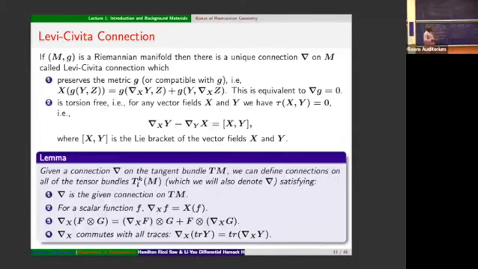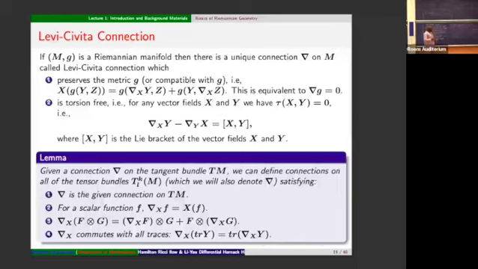Yes, if you have a Riemannian manifold, there's a theorem here. We call it the fundamental theorem of Riemannian geometry, which says if you have a Riemannian manifold, then you have a unique connection, called the Levi-Civita connection, with these two properties. First, the connection preserves metrics, we call it Riemannian metric compatible, which is equivalent to saying that the covariant derivative of g is 0.